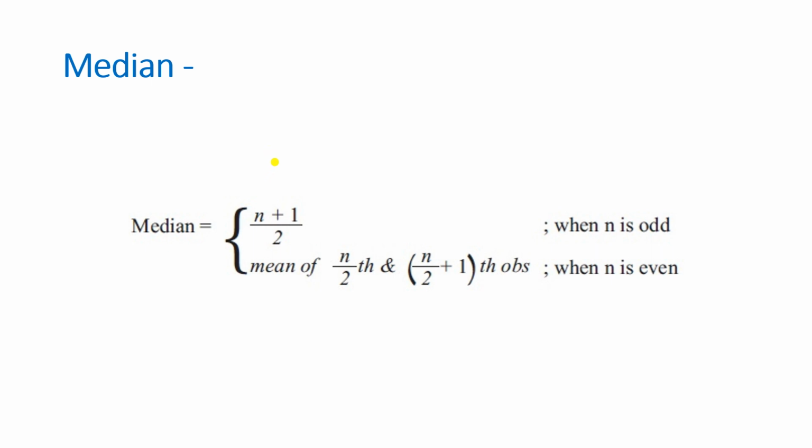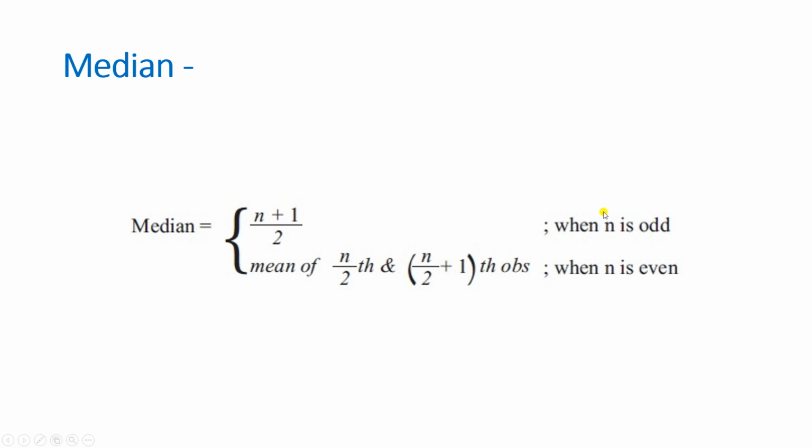They will be in random order. The first thing that you have to do is arrange them in ascending order, starting from the lowest value and progressing towards the highest value. Then you have to count how many values there are.